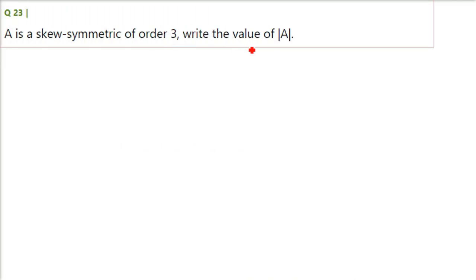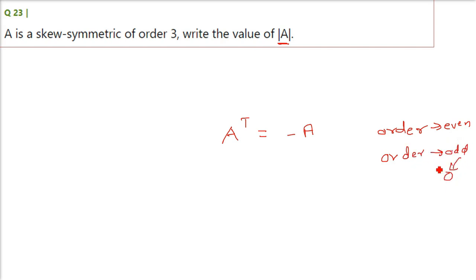A is a skew matrix, a matrix of order 3. Write the value of determinant A. There is a property we just have to understand. Skew symmetric means that when you take the transpose of any matrix, it comes as the negative of that matrix. A transpose is minus A. If the order n is even, there will be some value.